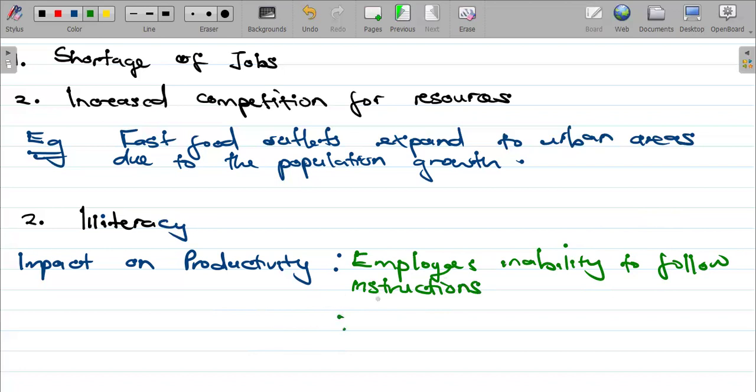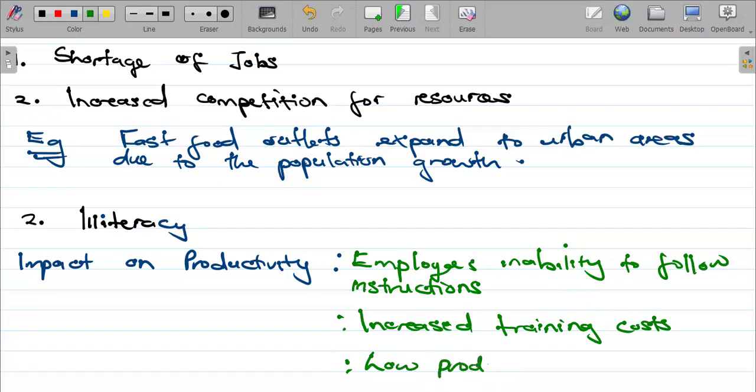Two, there will be increased training cost, whereby the business has to train employees so that there will be literacy. And then the business will also experience low productivity.